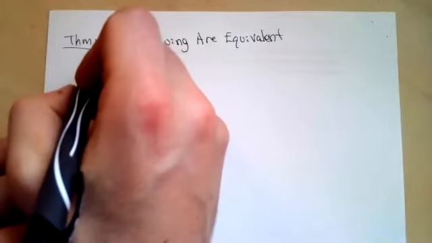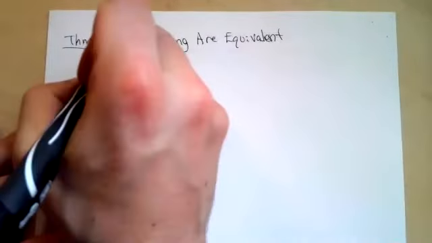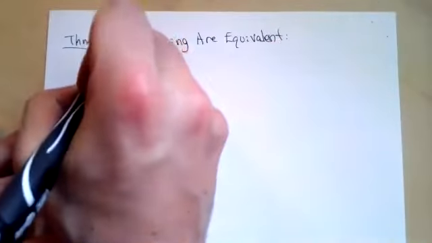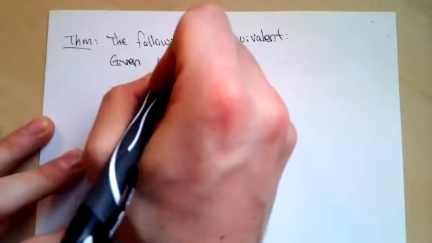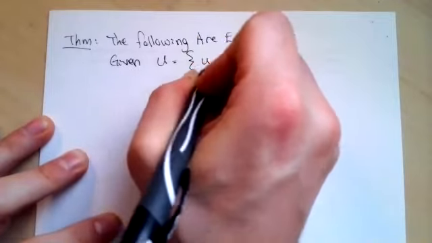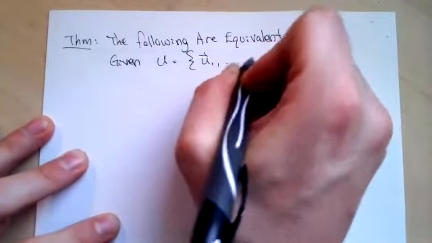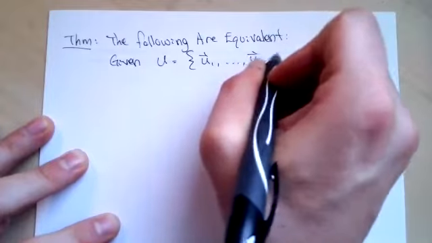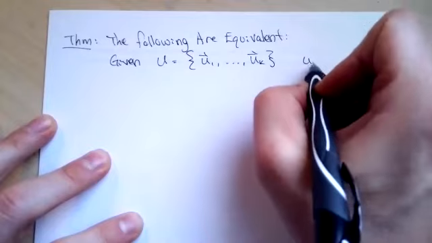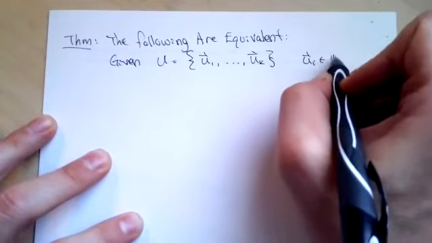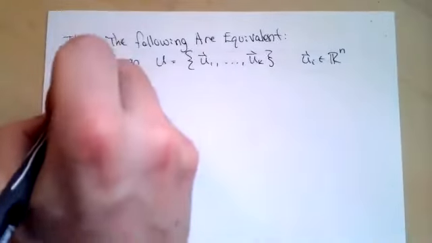So we have a set of vectors. Given some collection of u1 up to uk, where each of these vectors is potentially in some n-dimensional space.